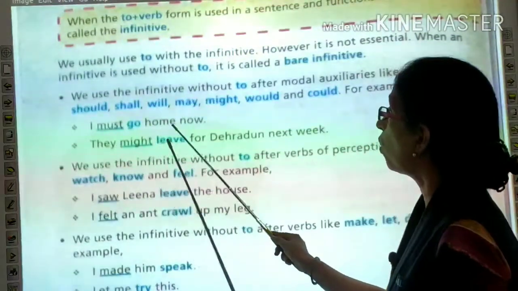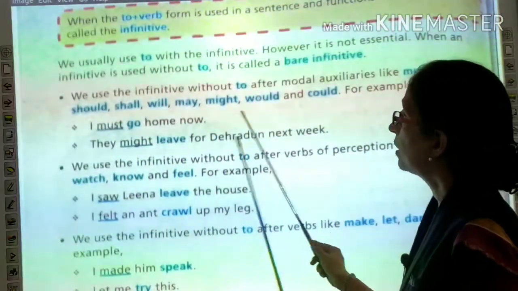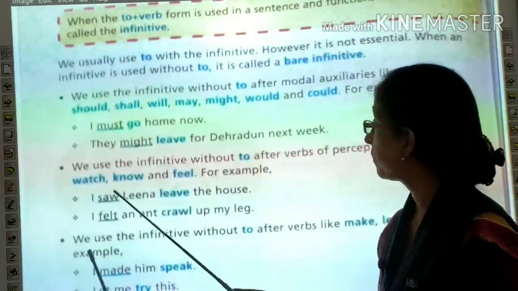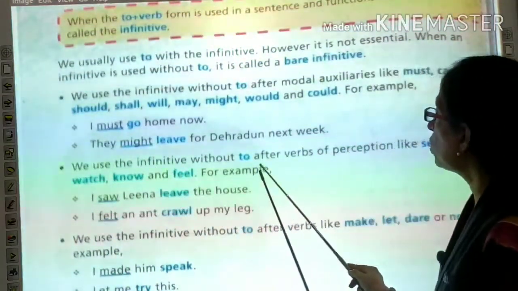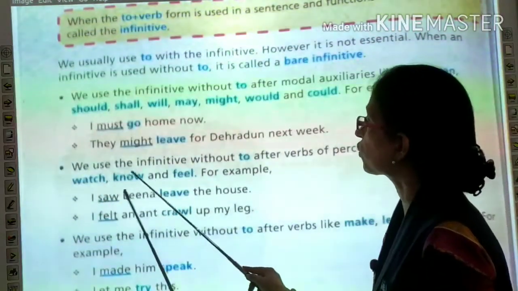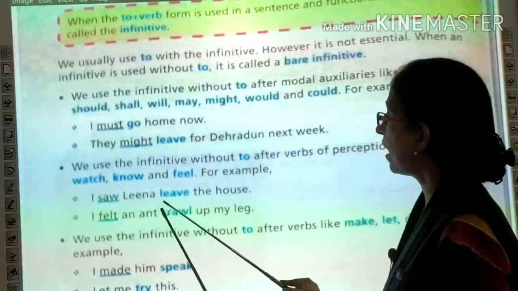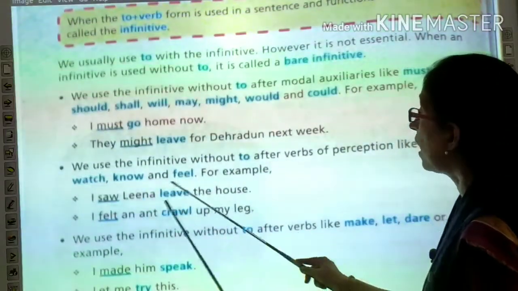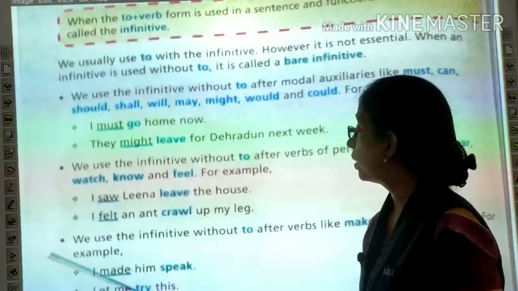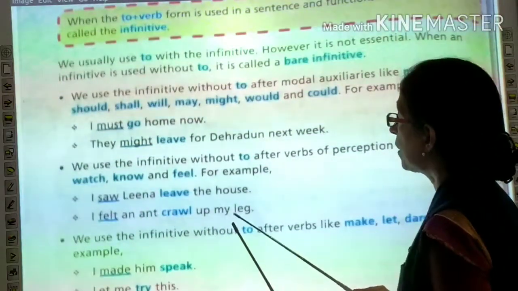I must go home now. They might leave for Dehradun next week. Here we are not using to. We use the infinitive without to after verbs of perception like see, hear, watch, know, feel. For example, I saw Leena leave the house. Here also we are not using to. I felt an ant crawl up my leg.